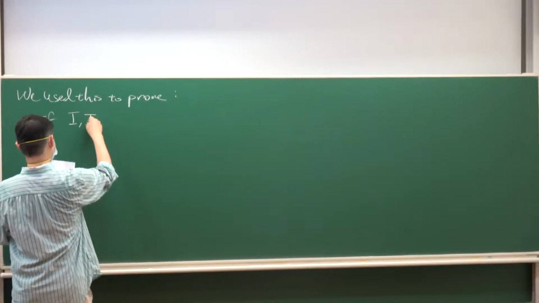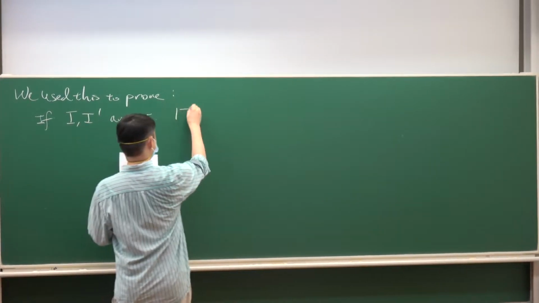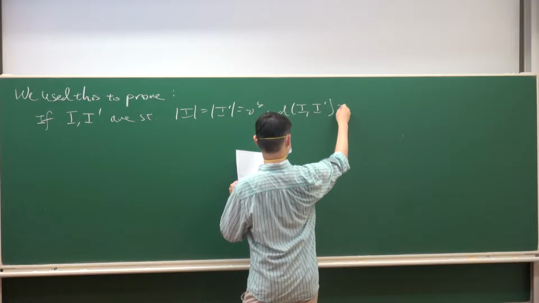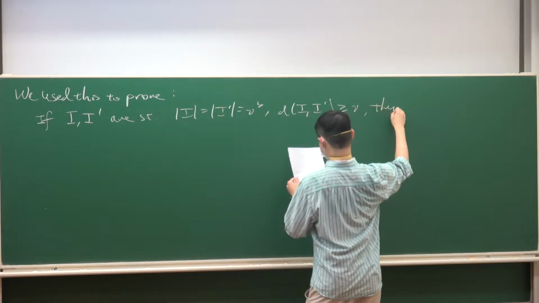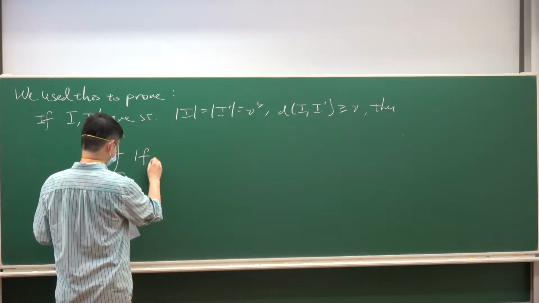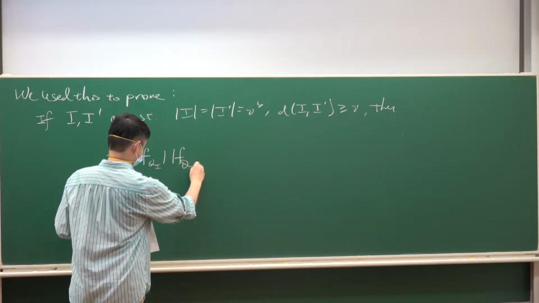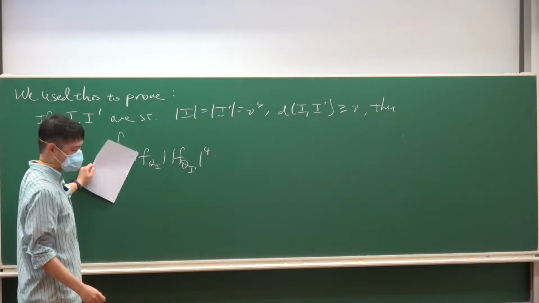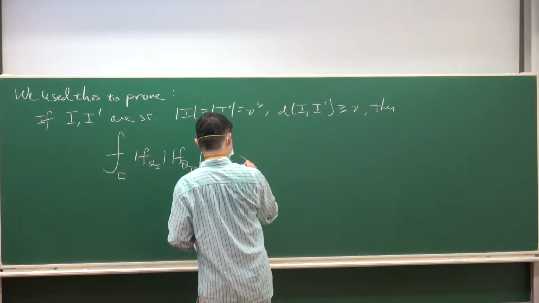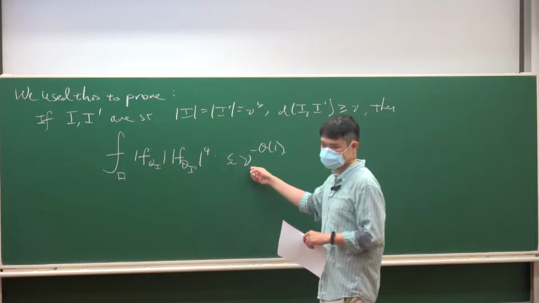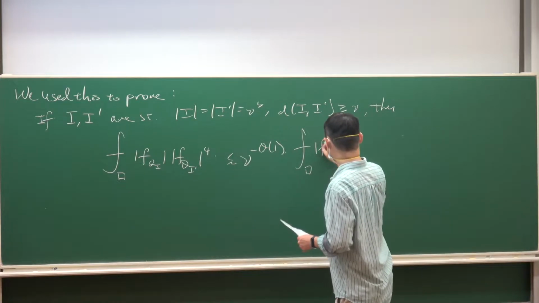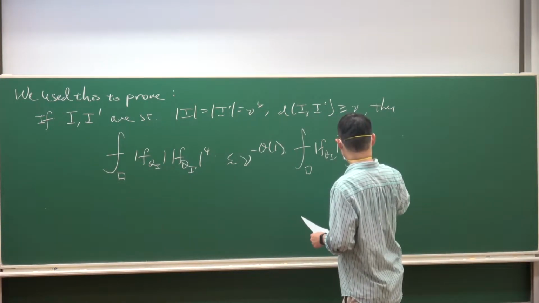If I and I prime are such that I prime is nu to the b, and they have some separation, then the average value of this guy, we were considering these bilinear expressions in the key estimate we were proving, is bounded by nu to the minus b, where nu is a number that's large compared to delta but small compared to 1, times this expression over here, this L2 norm times this L4 norm.